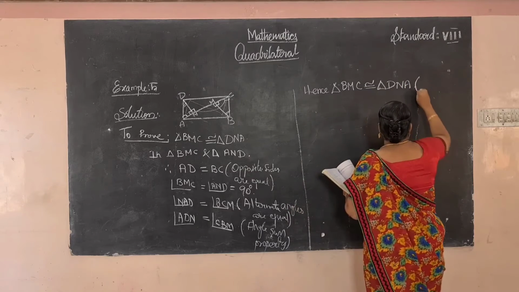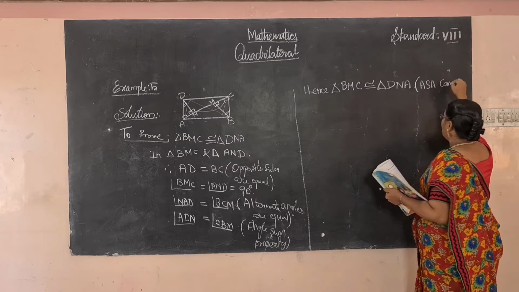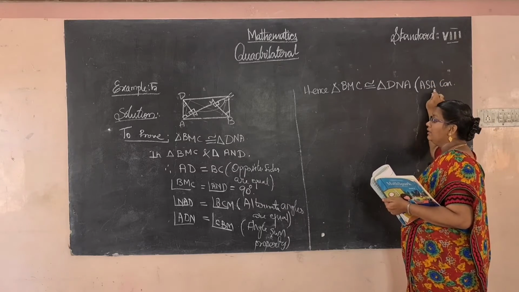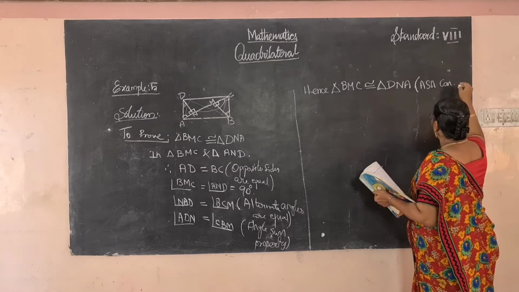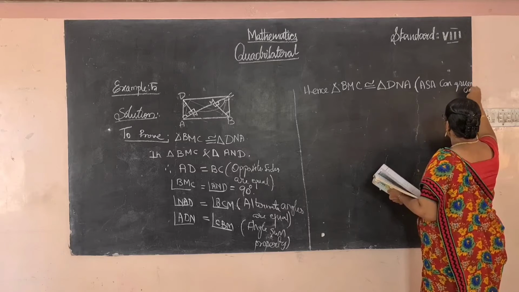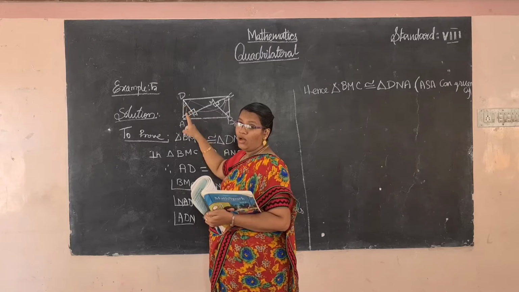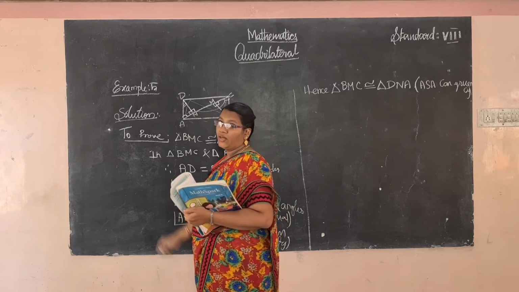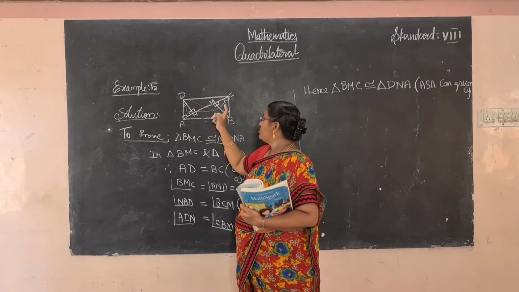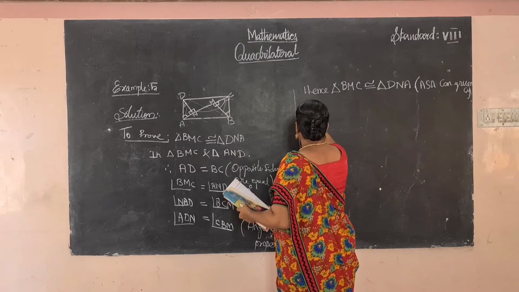The ASA congruence we learned last year: angle, side, angle congruence, with one side and two angles. So ASA congruence is satisfied. Therefore, the given two triangles are congruent. Now see the next example.